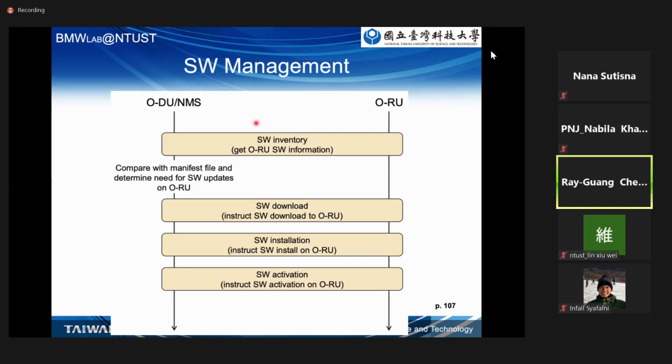So they can use this software management procedure to, first of all, get the ORU software information. Then they can get all the information. If they need to maintain it, they can download the new software to the ORU, install it, and then activate the new software on the ORU. This is actually quite similar to the handset you are using today.